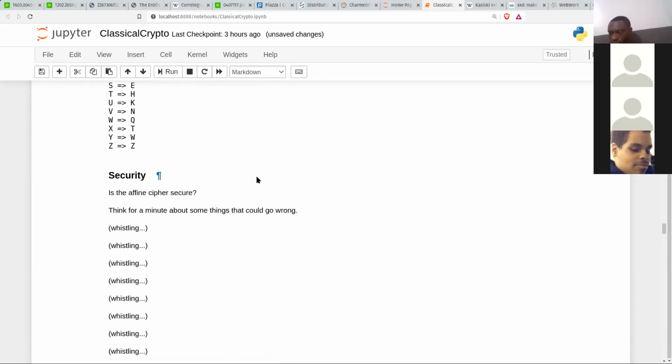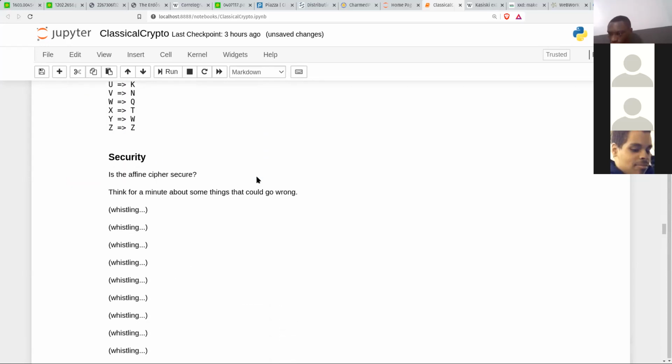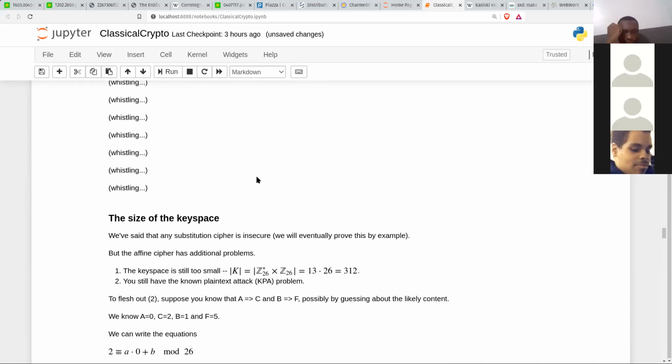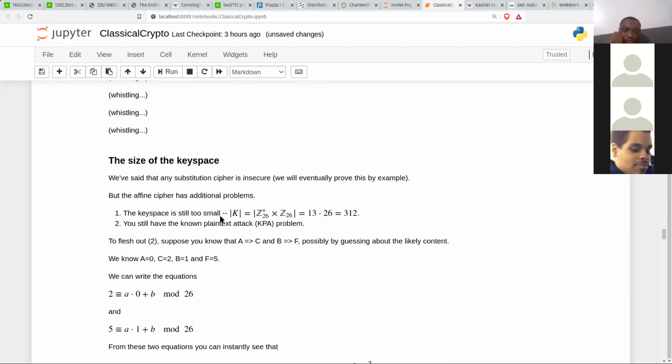Okay, so you can crack the affine cipher. Can anybody think of something that might go wrong with it? It has one problem in common with the shift cipher. How many keys do you have?